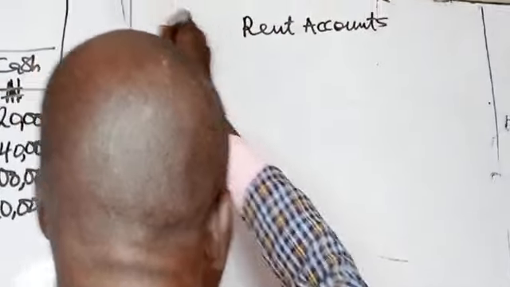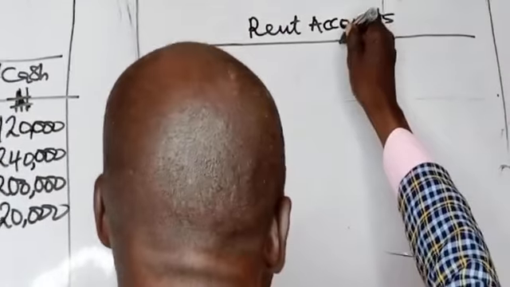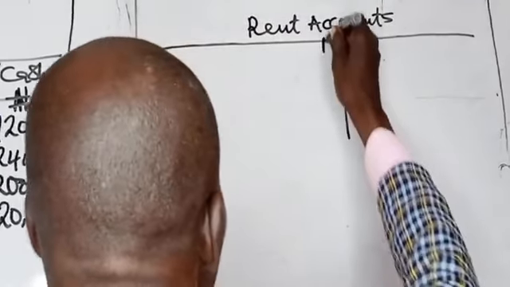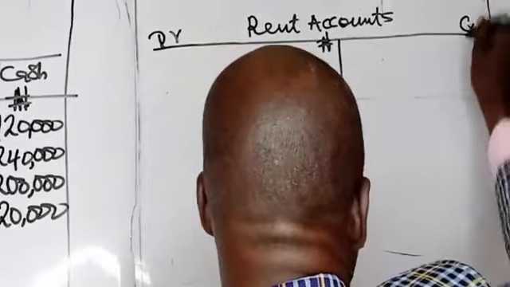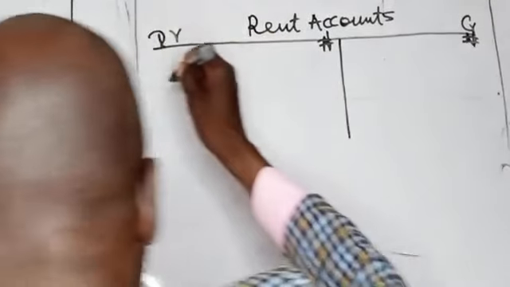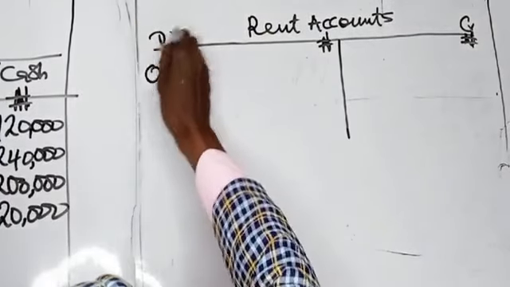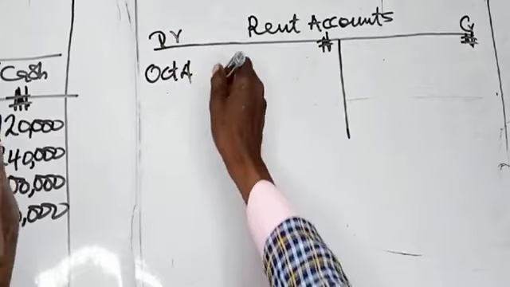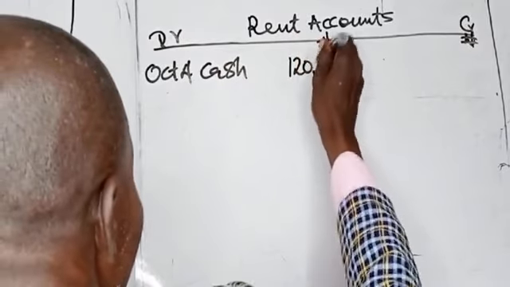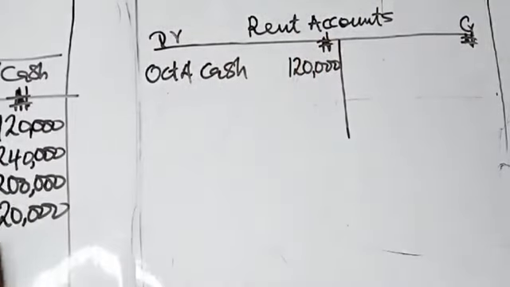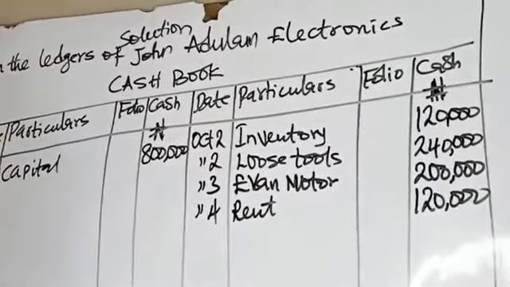Since cash account has been credited, we are therefore going to debit the rent account with the sum of 120,000 naira. October 4th, we have cash, and the amount is 120,000 naira, being the corresponding entry for this rent paid.